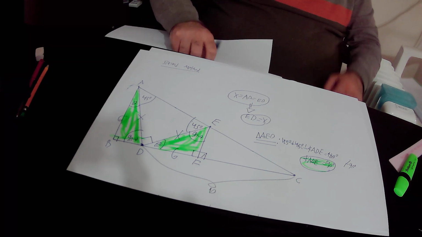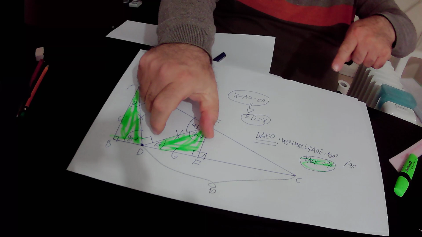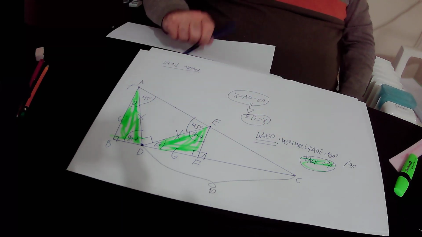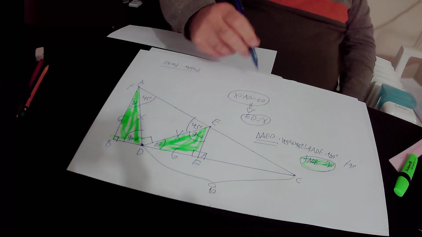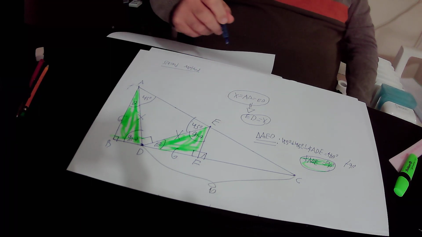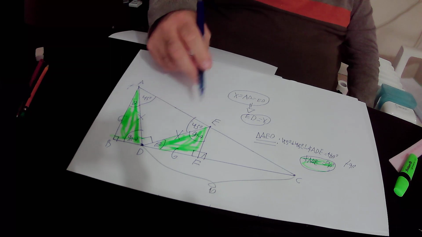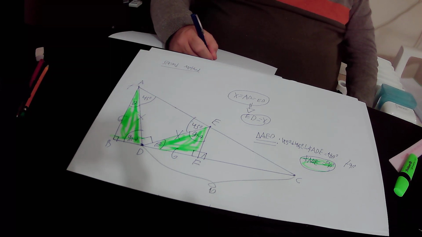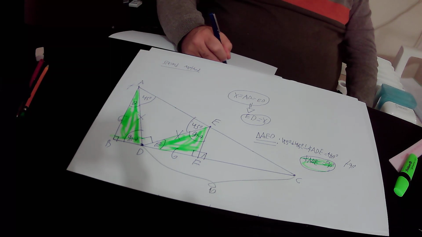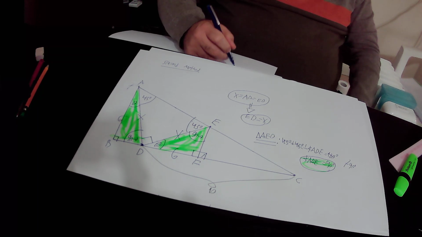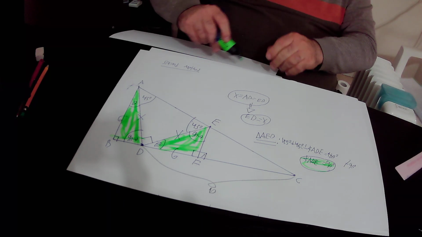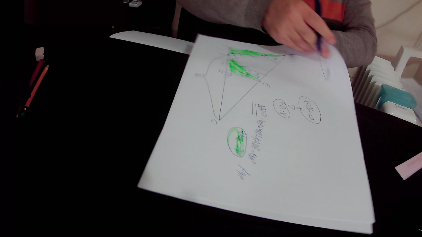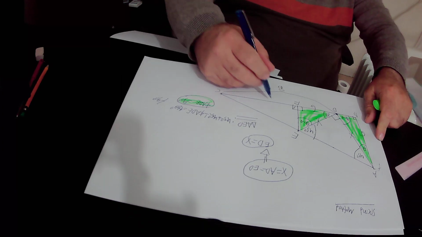So FC is equal to DC, that is 10 units, minus DF, that is 6 units. 10 minus 6 is 4, so we found out that FC equals 4 units. We can write here that FC is equal to 4 units.